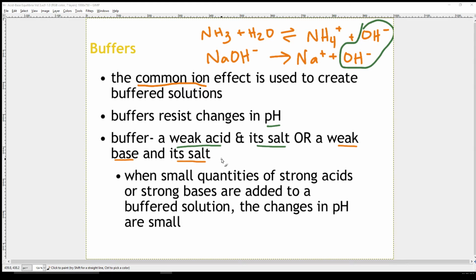I think we're going to have some examples soon, so I'll leave it alone. When small quantities of strong acids or strong bases are added to a buffered solution, the changes in pH are small. So if you have some sort of system where you always want the pH to stay close to 9, then you can create a buffer that forces it to stay close to 9 no matter what you add to it. That's the advantage there.